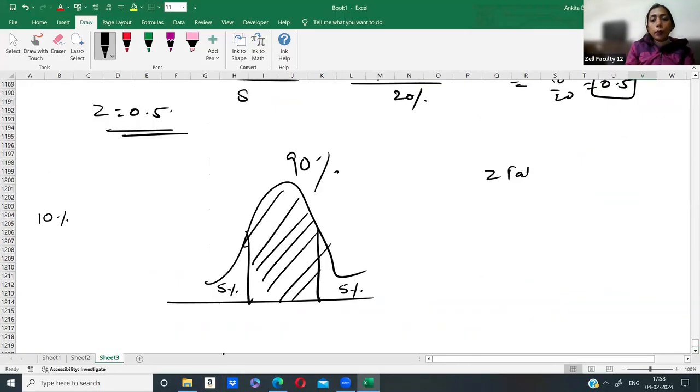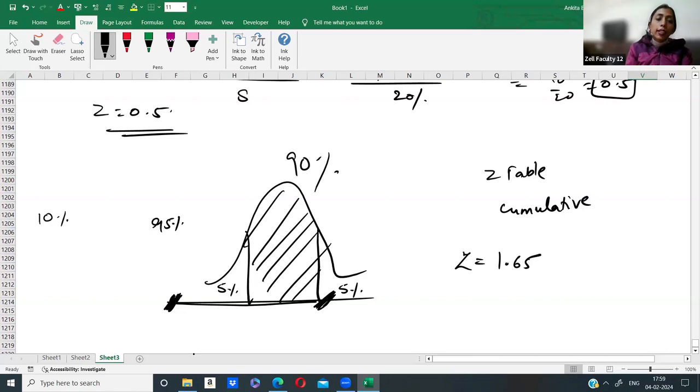Now, the Z table is a cumulative table, which takes into account values from the extreme left to the point you have calculated. So from the extreme left to the point, 5 plus 90 is how much? 95%. That is the reason when you get Z equal to 1.65, the value you are getting is 95%.